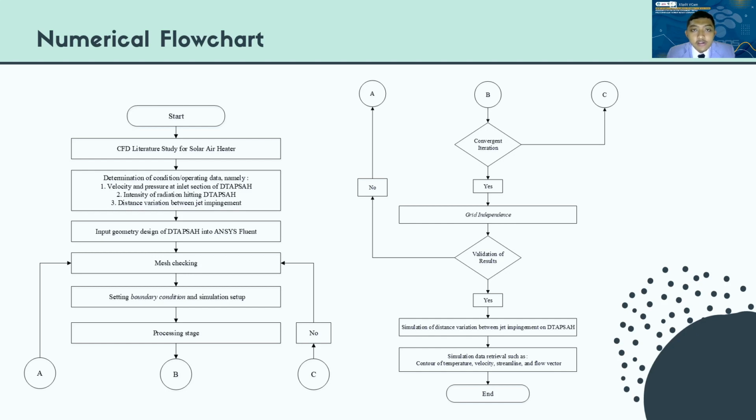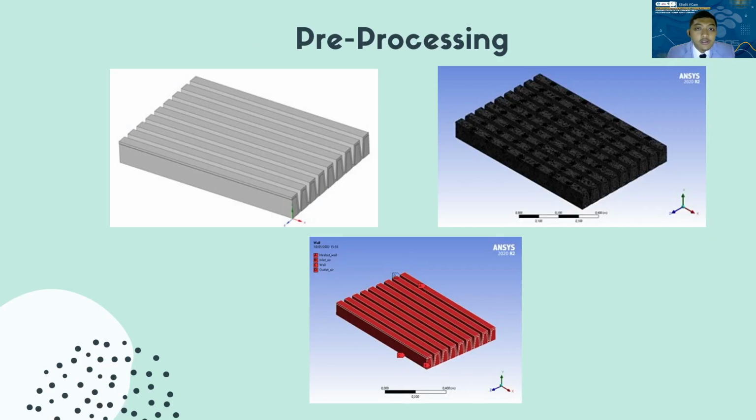And after grid independence, we can do the validation of results, and we can do validation with formula from reference. And after that, we can do simulation of distance between jet impingement on DTAP-SAH. And after that, there are processes like simulation data retrieval, such as contour of temperature, velocity, streamline, and flow vector.